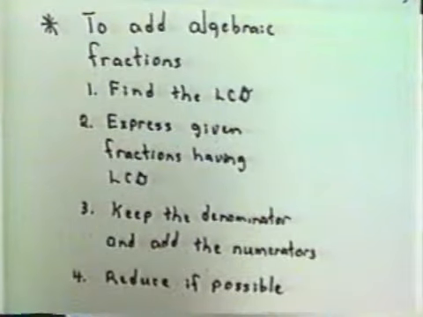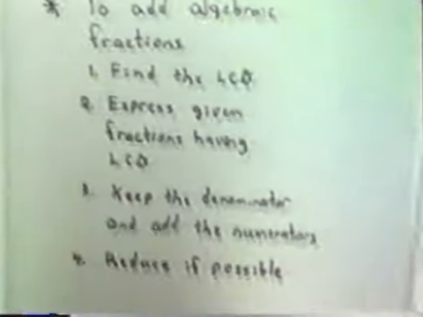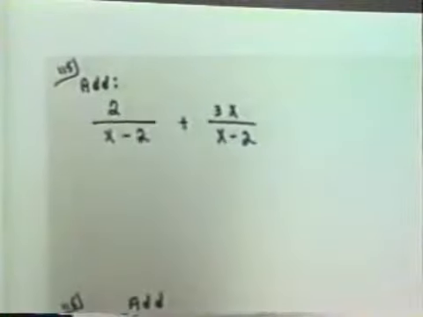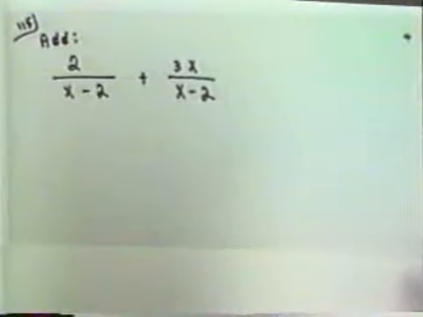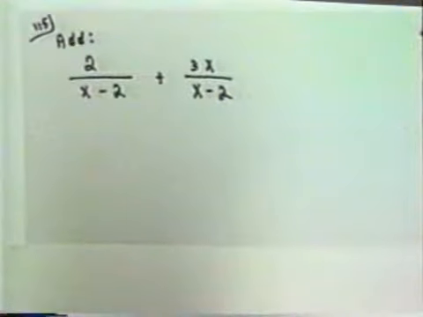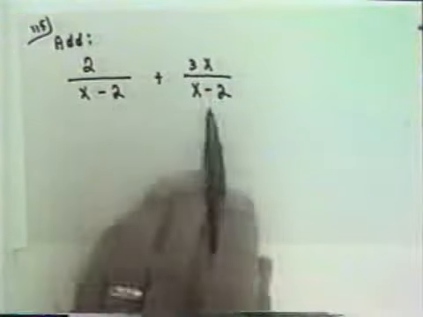Let's look at an example now in which we follow this rule to add algebraic fractions. The first one is going to be very easy because we already have a common denominator. We're going to add 2 over x minus 2 plus 3x over x minus 2. The first step is to get the common denominator. We already have it.